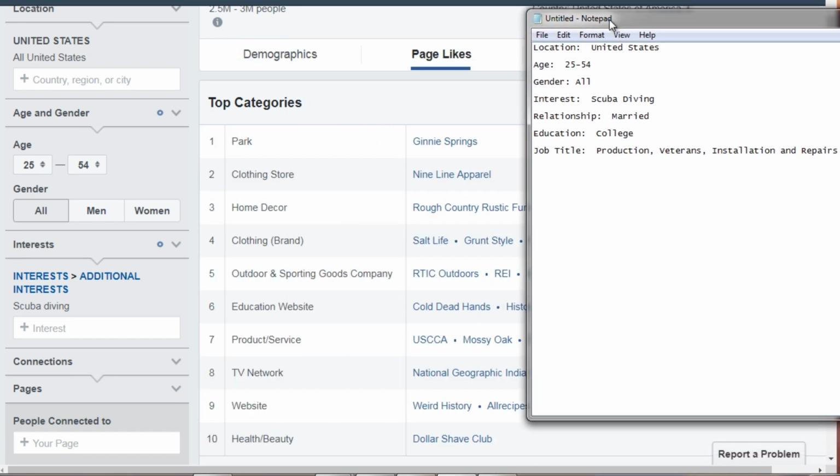So we've got clothing store. They like the 9-line apparel, and then they got Ray. They like Bass Pro Shops, which is not a clothing store, but it's a store. What products do they buy? What services do they use?